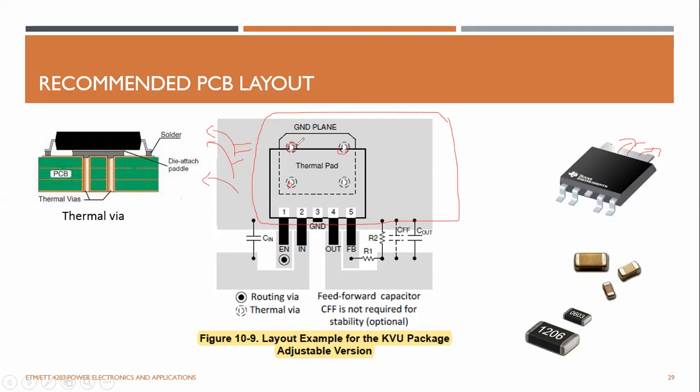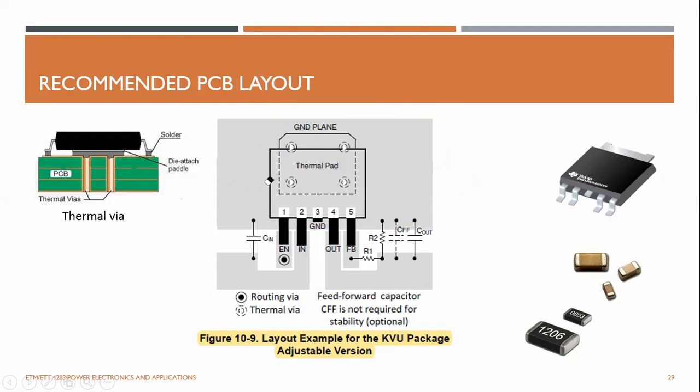And these thermal vias also transfer the heat from the top layer to the ground, and from the bottom layer also it will dissipate heat. So which means your equivalent area is increased now.